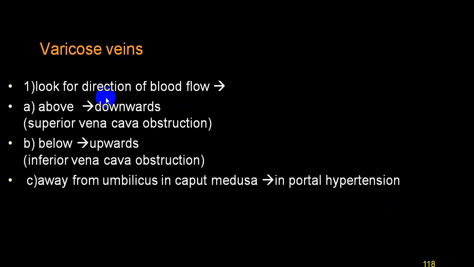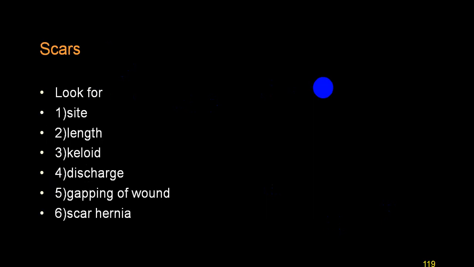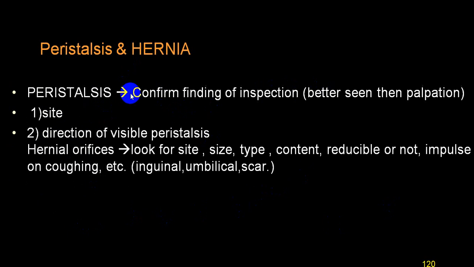In a varicose vein, you try to look for the direction of the blood flow, and in caput medusae it will be away from the umbilicus. In scar we have already mentioned, look for the site, length, keloid, discharge, gapping of wound, scar hernia, tenderness, etc. Peristalsis you can confirm, and hernia you can look for.